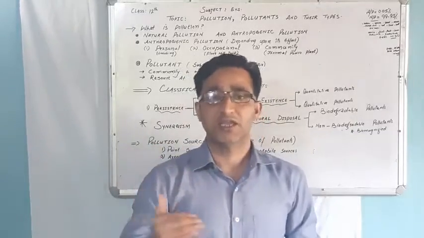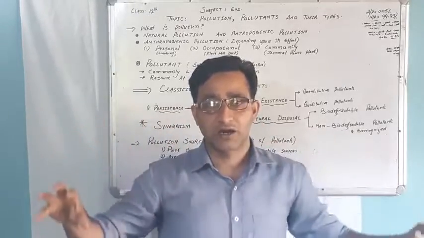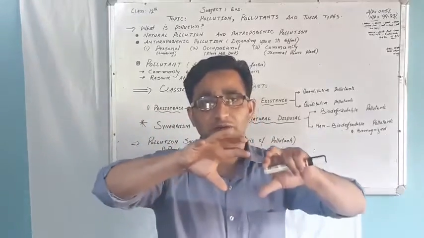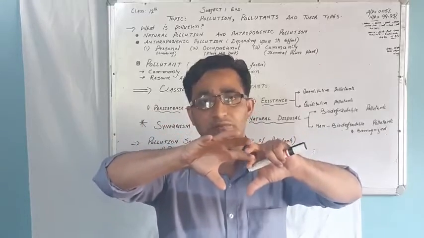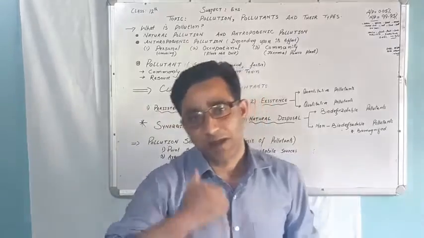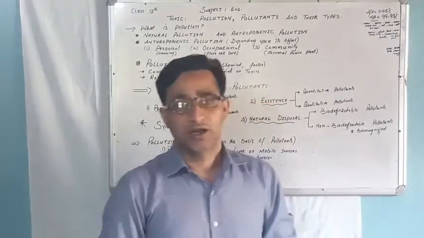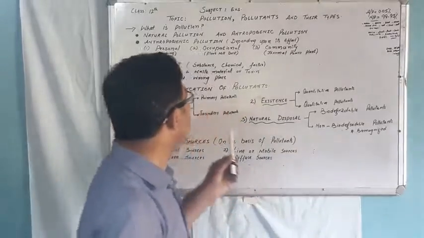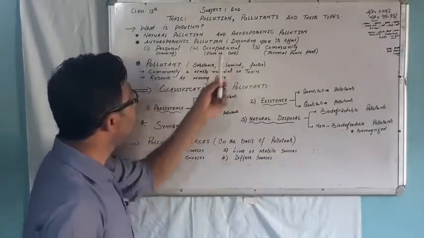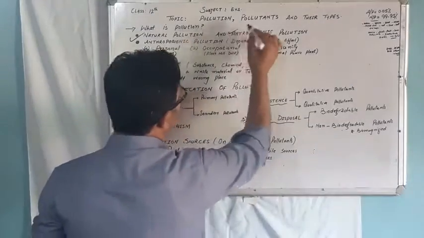The concentration is high there, because the area that is polluted is very small. This is why the effect observed here is more. And this is about what natural pollution is and what anthropogenic pollution is.